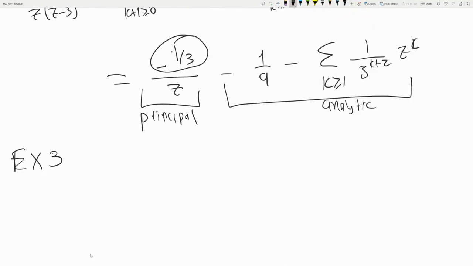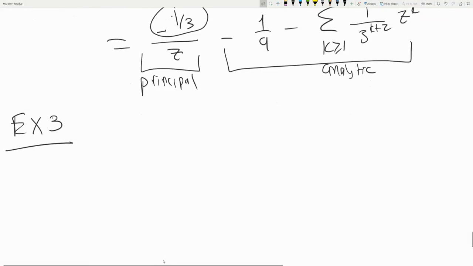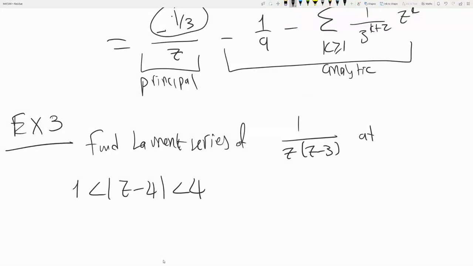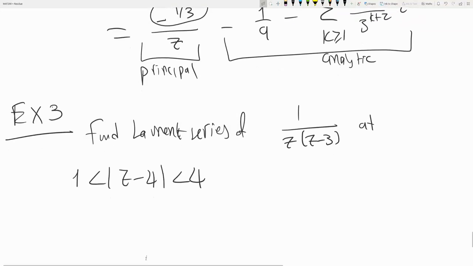let's do now a more complicated example, and it will be the last one. Find the Laurent series of the same function, but at z minus 4. So this is a different neighborhood.